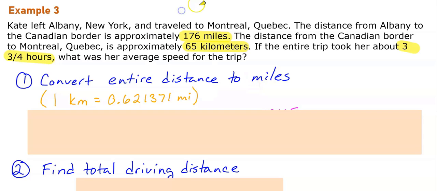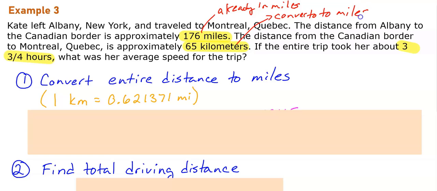Okay, so this one is already in miles. And the second one we need to convert to miles. So we know 1 kilometer equals 0.621371 miles.